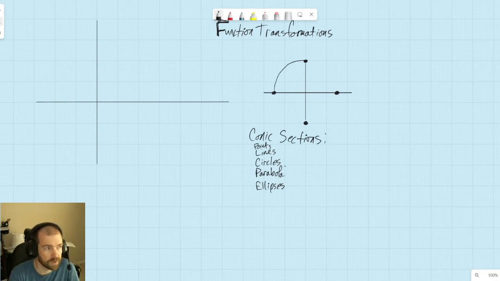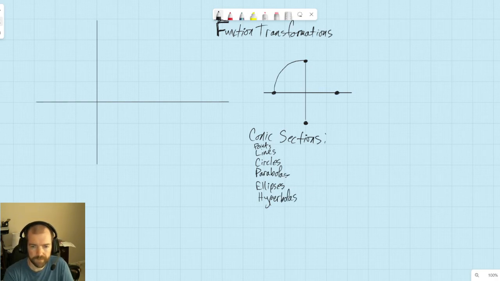Points, lines, circles, ellipses, parabolas, and hyperbolas. Now, all these things have something in common when it comes to their equations. I mean, points are just points, so they don't have an equation by themselves.